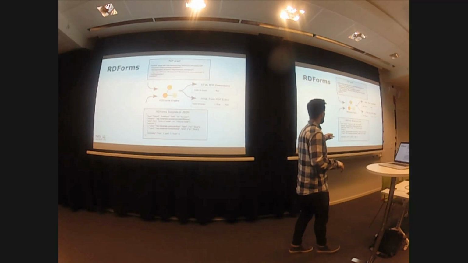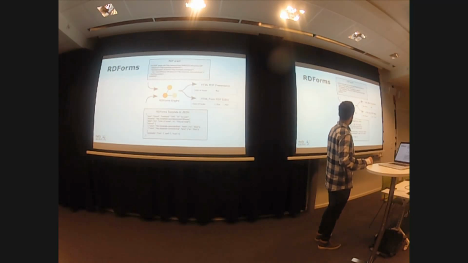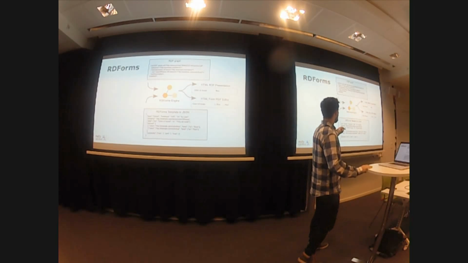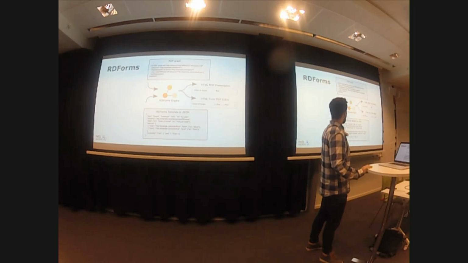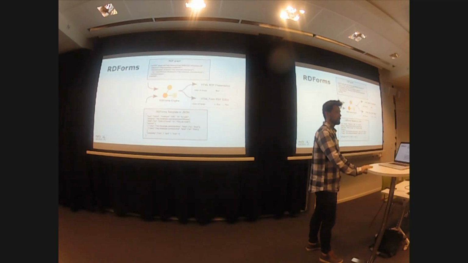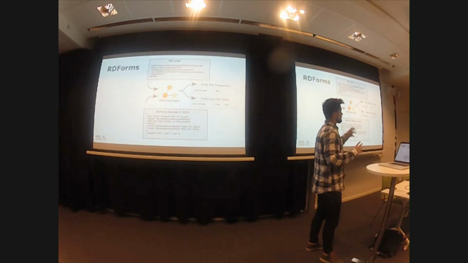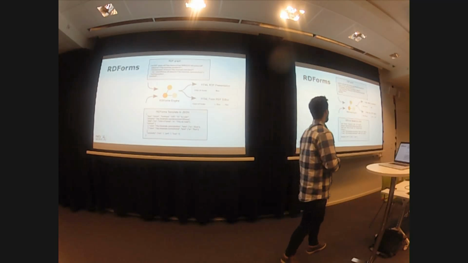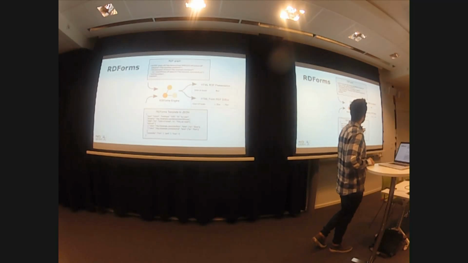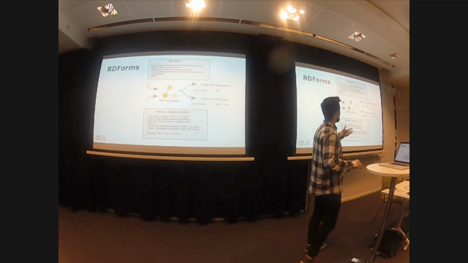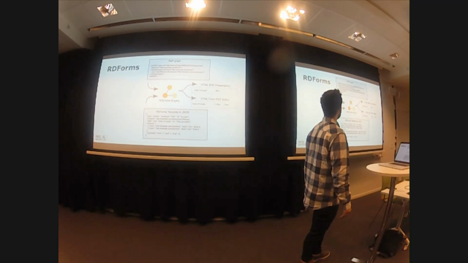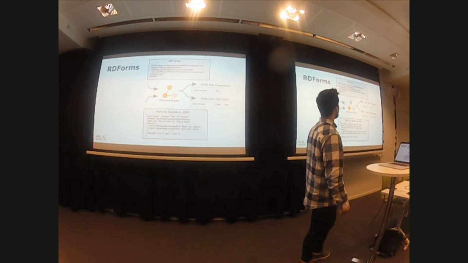And we can see that this structure over here is talking about a property which is the color of a house, and you can select between two choices, blue and red. The RDForms engine binds these two and creates a form with the color of a house, and then you can select if it's blue or red, and when you save this form, then you get that the color of example.com/about is blue.